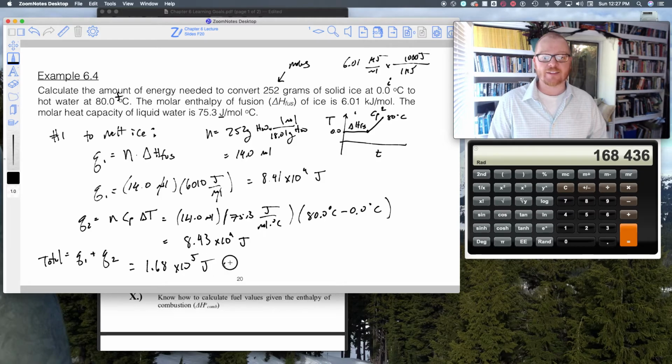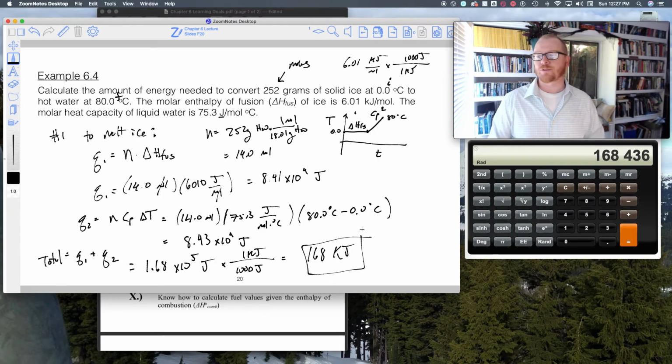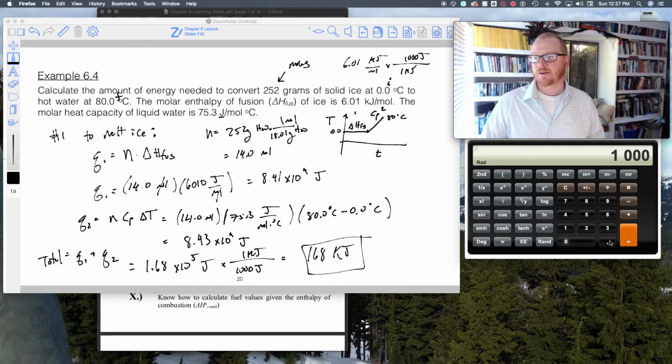And I'm going to convert that to kilojoules just because that's such a big number. In 1,000 joules, there's 1 kilojoule. So divided by 1,000, that's 168 kilojoules of total energy. So 168.4, 168 with 3 significant digits.